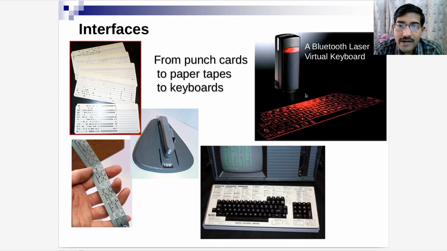The light that is blocked automatically senses that if you press V, the light blocked here is at V, and it gives the input to the computer about which key has been pressed. So we have moved a lot from punch cards to the virtual laser keyboard at our disposal right now.